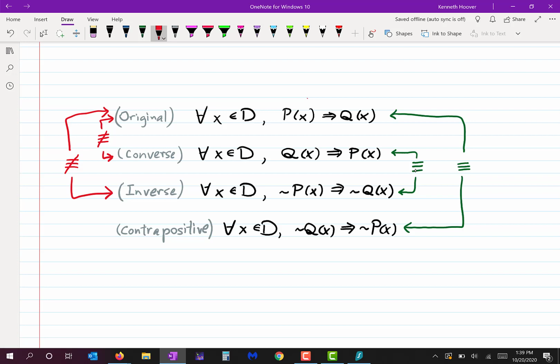This is the second time you've seen it, but you really need to have those relationships down, okay? It's very important to know the contrapositive because it's equivalent to the original conditional. So that's very helpful. Anytime you have a conditional statement, you may, if you wish, replace it with its contrapositive. That's a good trick to have in your pocket.